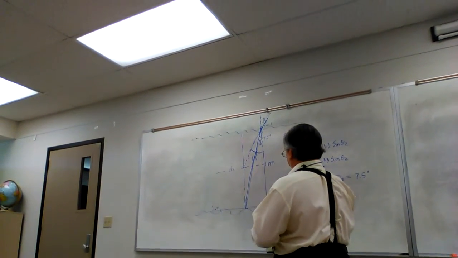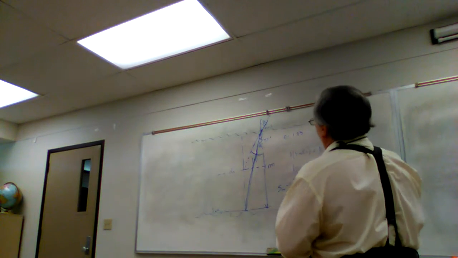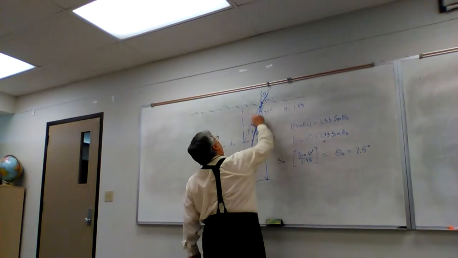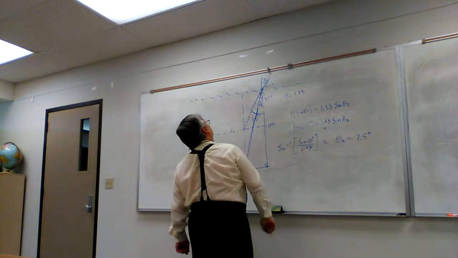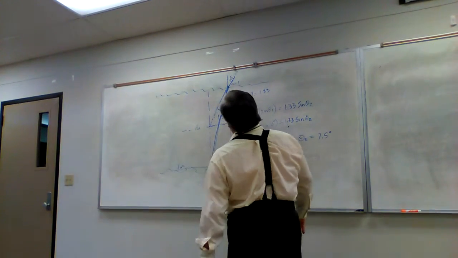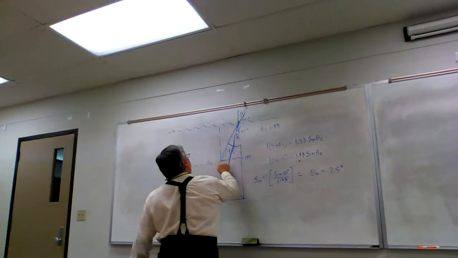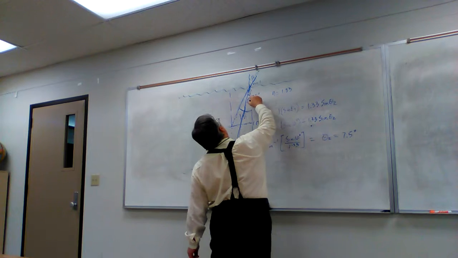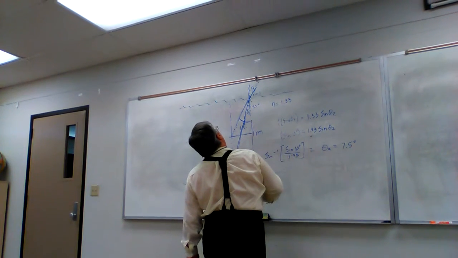So I'm not sure. We would have to actually know this length or this length. Well, we can calculate this length because this is the cosine. No. This is, oh, yes.